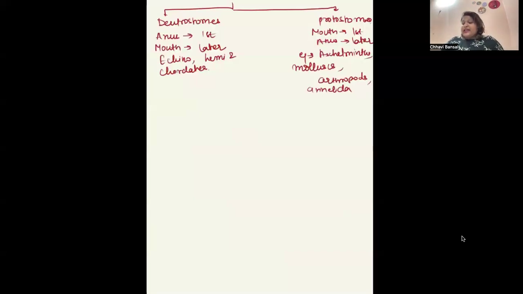Next is segmentation. The next basis of classification is segmentation. Now, what is segmentation? See, division or differentiation of the body into distinct segments or portions is called segmentation. Right?